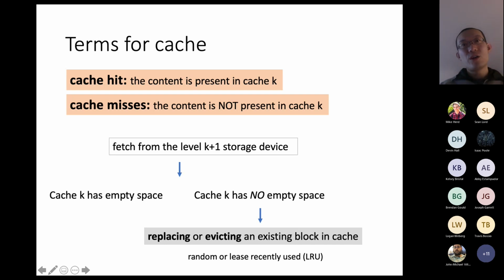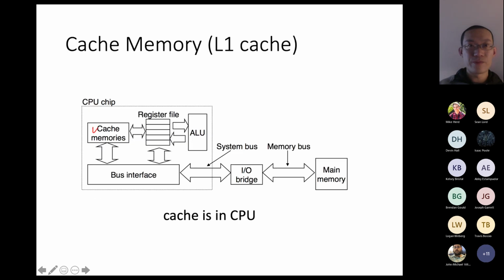We like to keep the popular blocks, and we wanna evict the much less popular one. There are many different replacement algorithms. We call them cache replacement algorithms, used to select which block we're gonna evict.